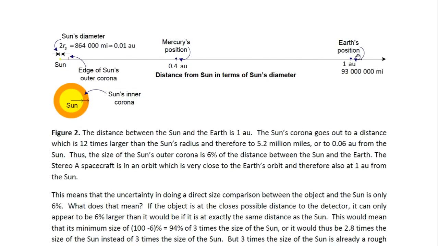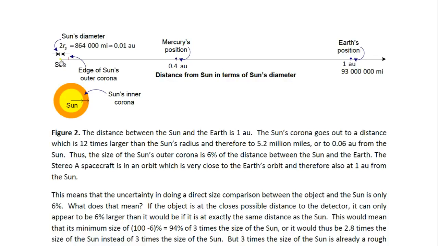And here we have a graph that defines the distance between the Sun and the Earth, and it's given in terms of astronomical units, where 1 AU is the distance between the Sun and the Earth. So 1 AU stands for 93 million miles. Now you can see Mercury's position is about 0.4 AU, so 40% of the distance between the Sun and the Earth.